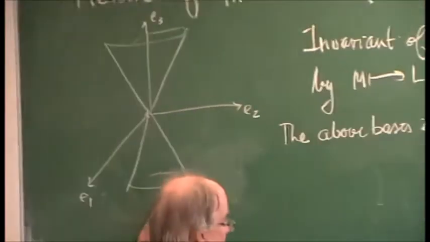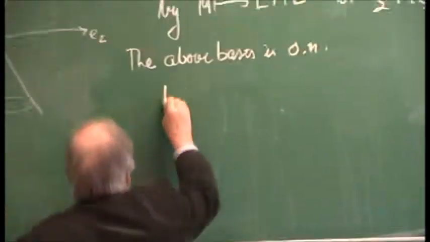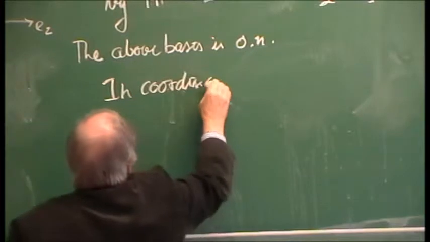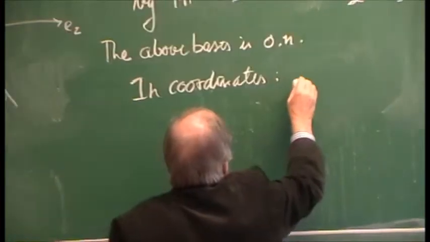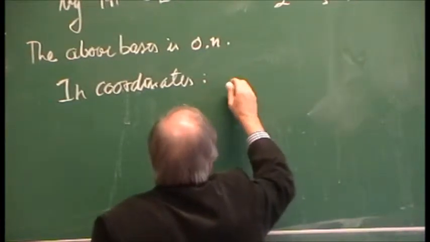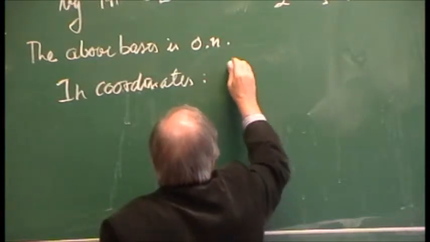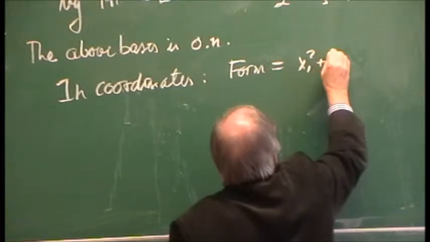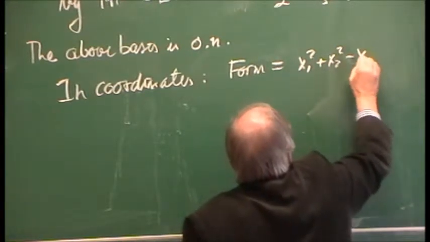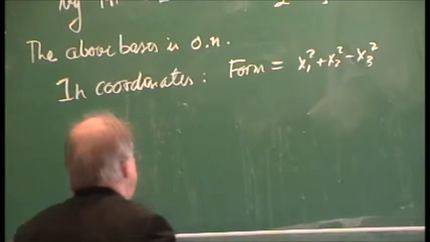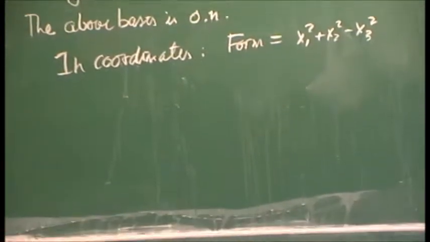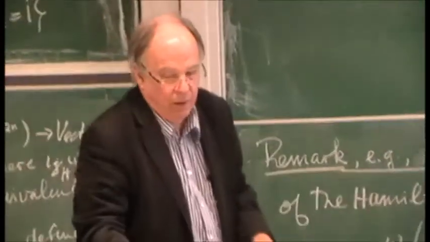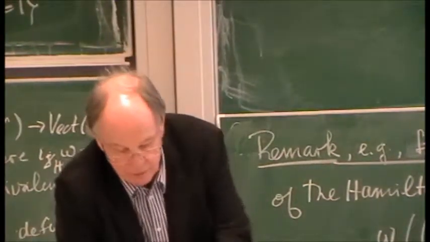So this trace form becomes in coordinates x1 squared plus x2 squared minus x3 squared. A form of signature 2, 1.